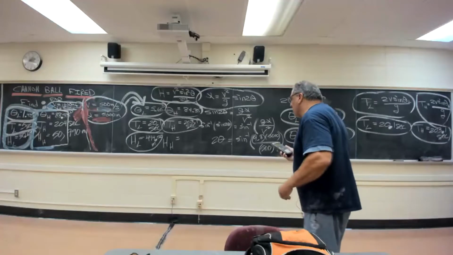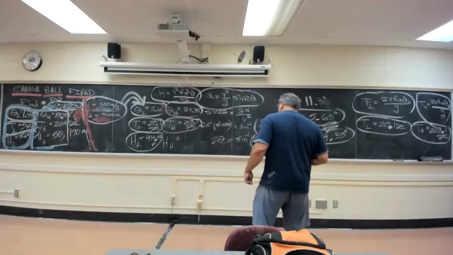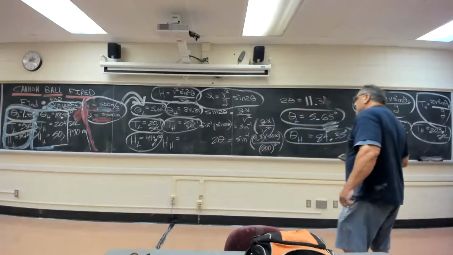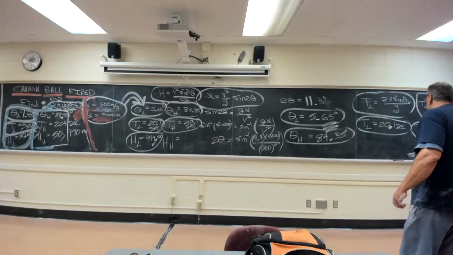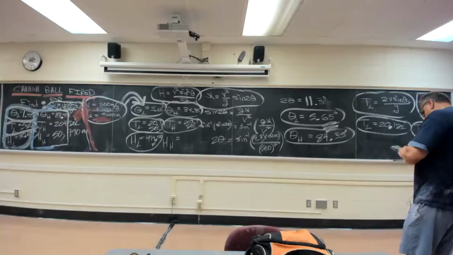Yeah, it's quite a bit. The other one is going to have to be really close to what the other one was. Let's take a look at it. We got this times the sine of 84.35. Pretty big number.